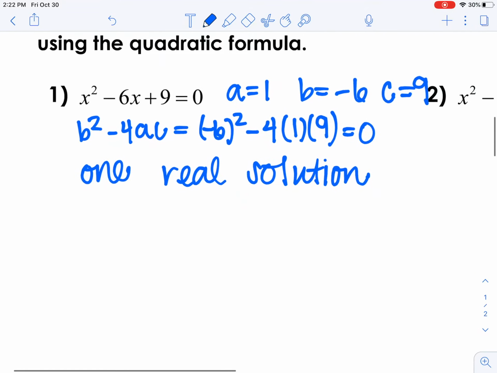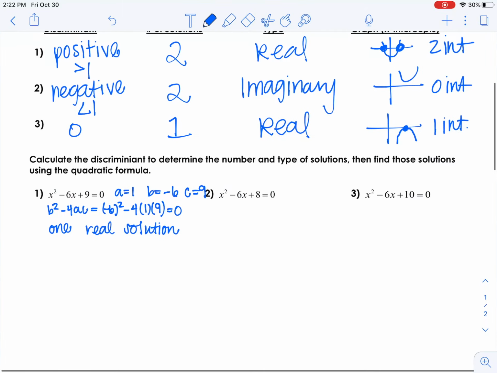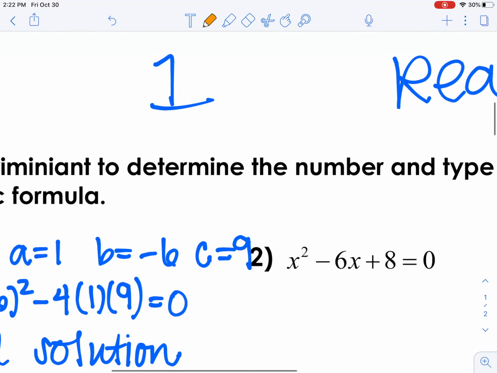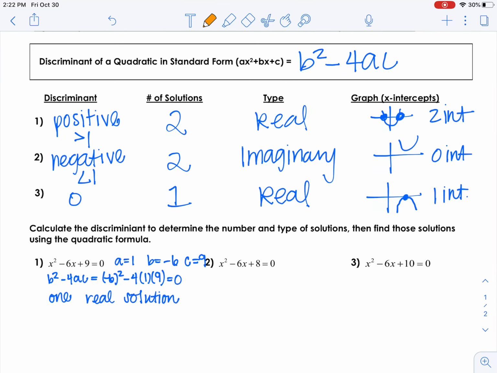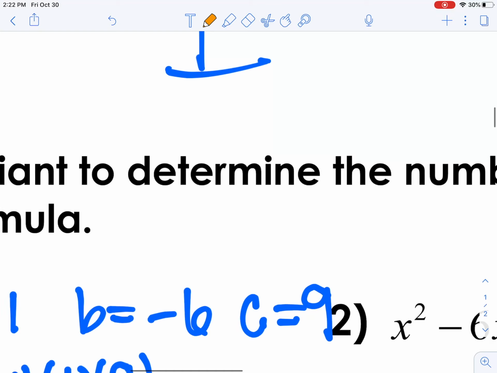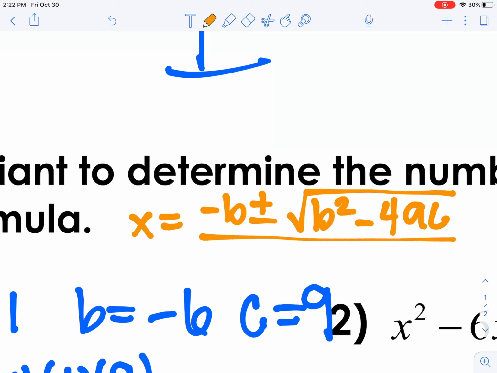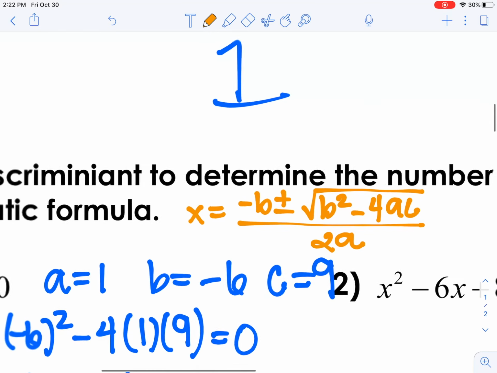So then when we plug this into the quadratic formula, which I'll just write here, x equals negative b plus or minus the square root of b squared minus 4ac all over 2a, right?